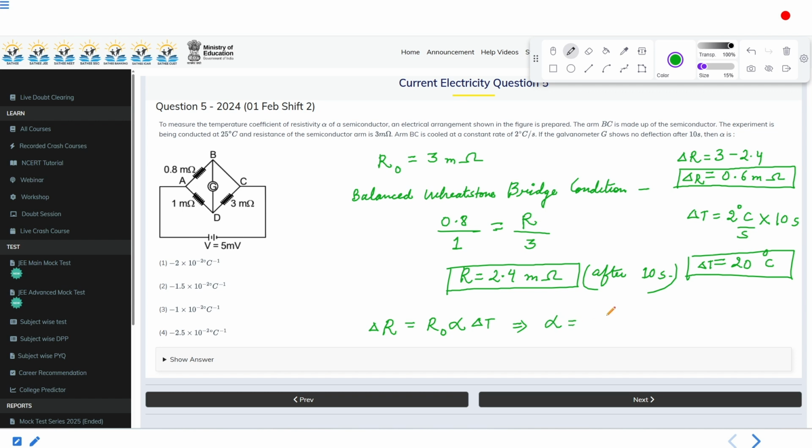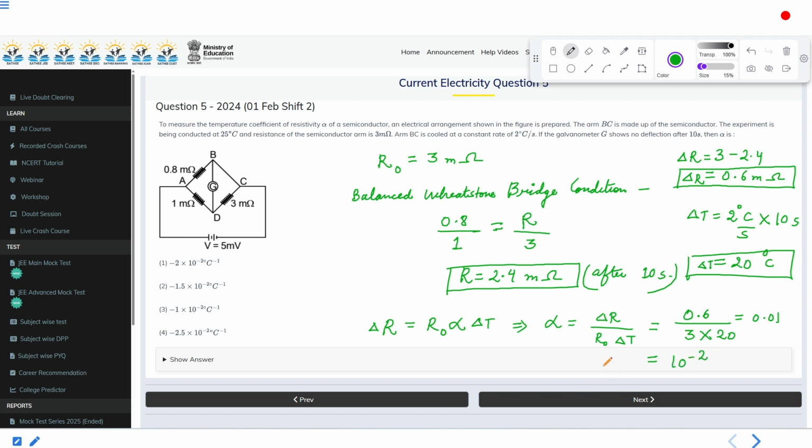Alpha is delta R upon R naught delta T. Delta R is 0.6 milliohm, and R naught is the initial resistance of this BC arm, 3, into delta T, the total temperature change, which is 20. So it will result in 0.2 upon 20, which is 0.01. After solving, we can write it as 10 raised to power minus 2.